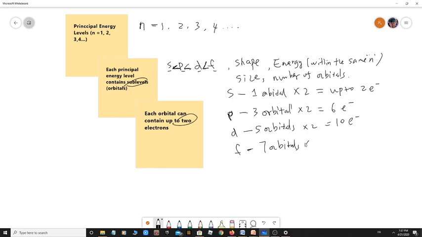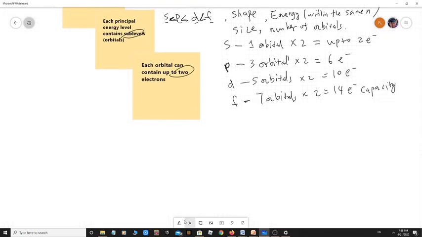If you have 7 orbitals like in F, you would have up to 14 electrons capacity. Again, we're talking about up to, okay, capacity here. They can be empty, they can be half empty, you can have any number as long as it doesn't go above these numbers.